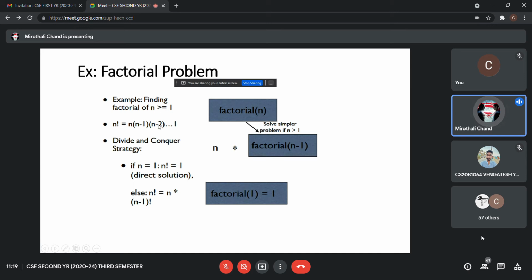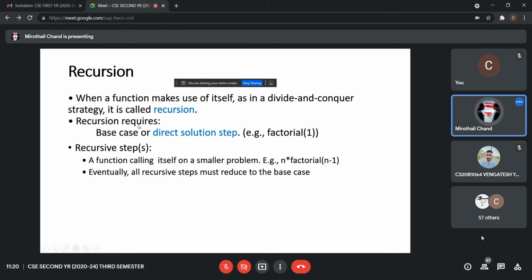So what we are doing here is dividing into subproblems. First n minus 1 is calculated, then n minus 2 is calculated, then the solutions are combined and multiplied, and again the final solution is given. This is just a simple example. In recursion, we know that the same function is carried out again and again based on the purpose of the problem.